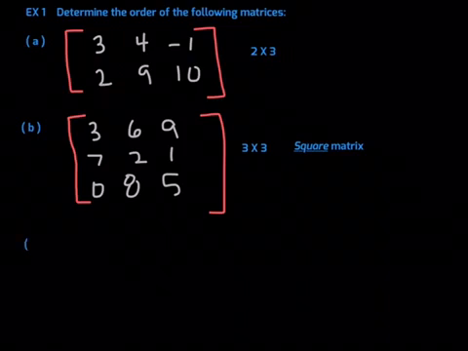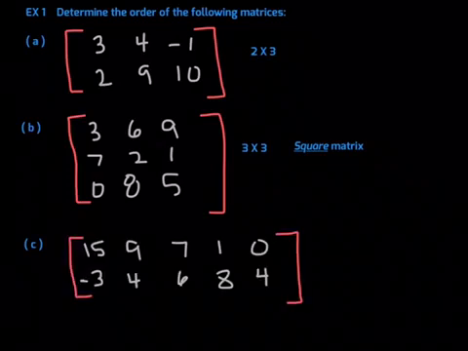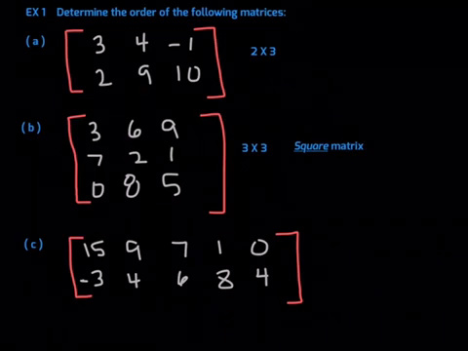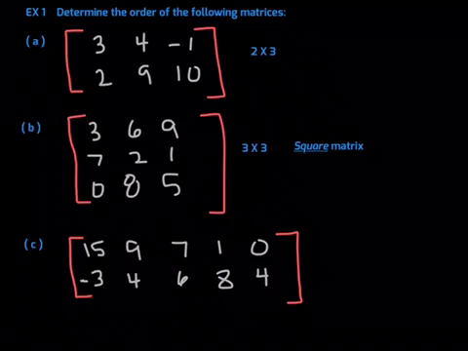Let's look at another matrix and determine its order. Okay, guys, here's our brand new matrix they want us to consider. Now let's count the number of rows and count the number of columns. Now I invite you to pause this video and determine the order. Write it down in your notes, and let's see if you and I agree.